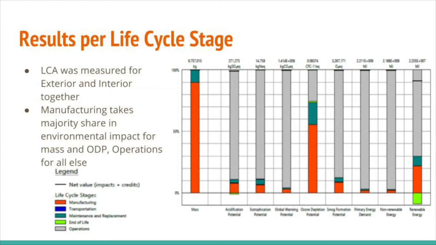Compared to these, all of the other stages seem minuscule and almost negligible. Only maintenance and replacement hold any significance, but that itself is a distant runner-up for nearly all of the categories.